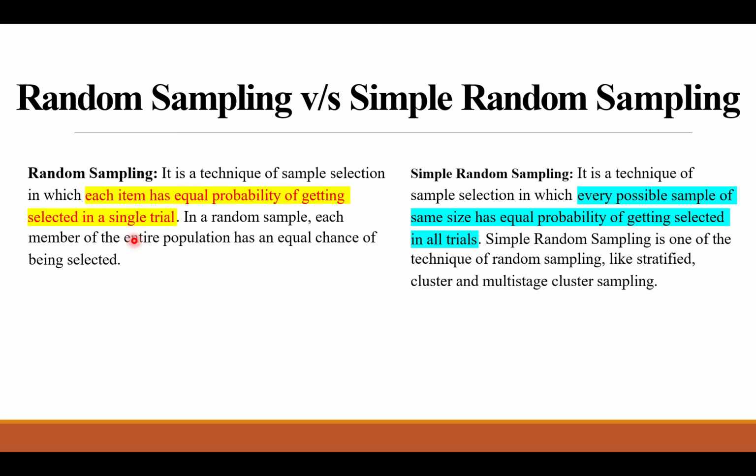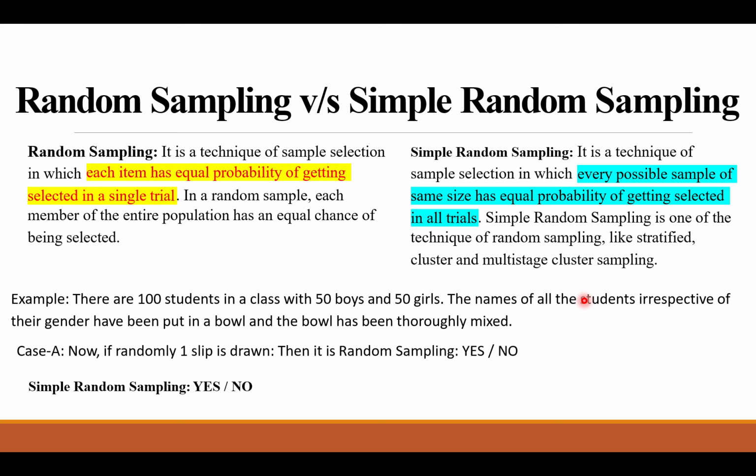But in simple random sampling, every possible sample of the same size has equal probability of getting selected in all trials. Random sampling is on a single trial and simple random sampling is on all trials. Simple random sampling is one of the techniques of random sampling, like stratified, cluster and multi-stage cluster sampling.